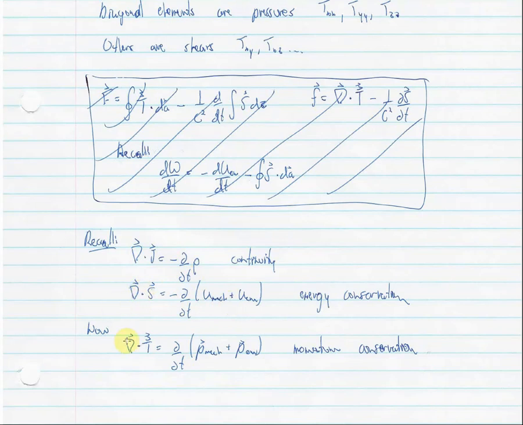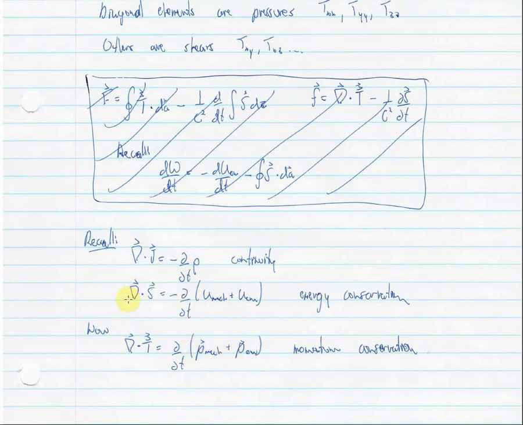Now, something that I hadn't talked about before is that we want to have conservation of momentum, but in these two cases the element on the right is a scalar, and this is energy, so this is again a scalar. Of course you could put this into tensor notation as well if you want it to be more compact. But now what we have for momentum is actually a vector.